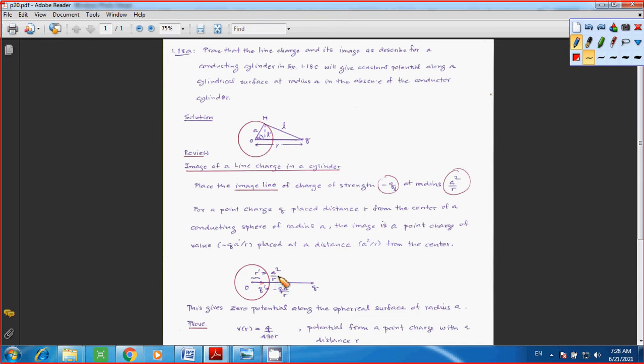After that, you can use superposition to find the potential. This asks you to prove that the line charge and its image will give you a constant potential.